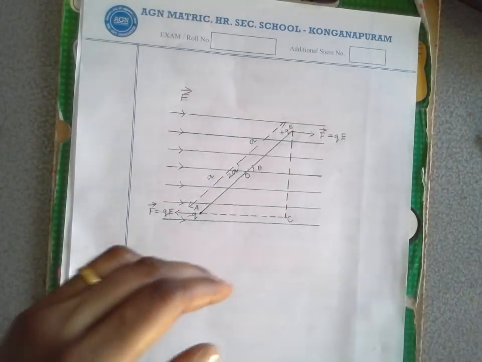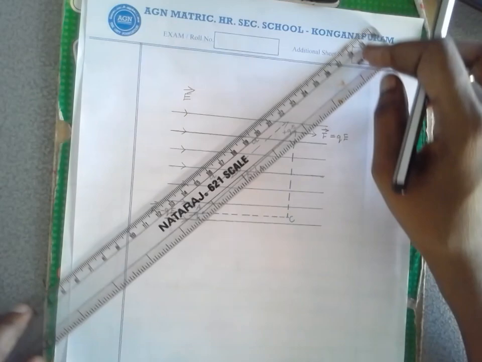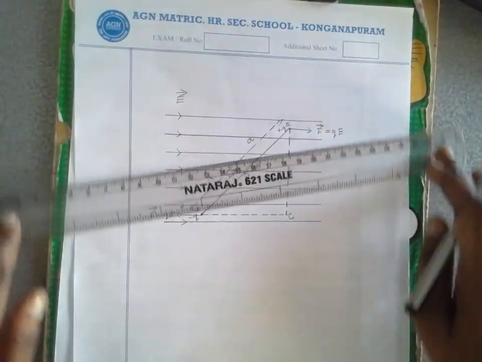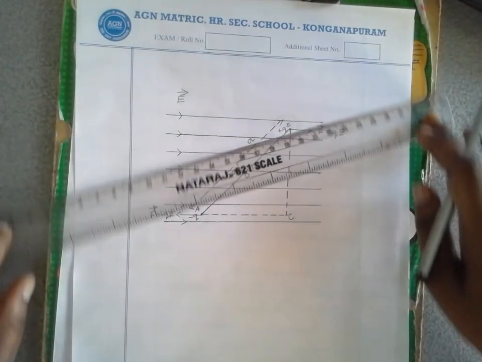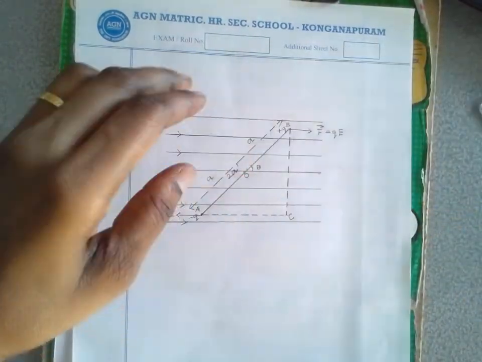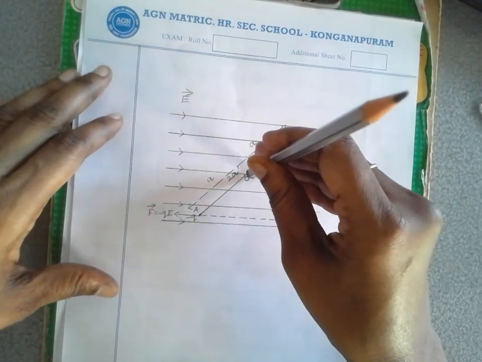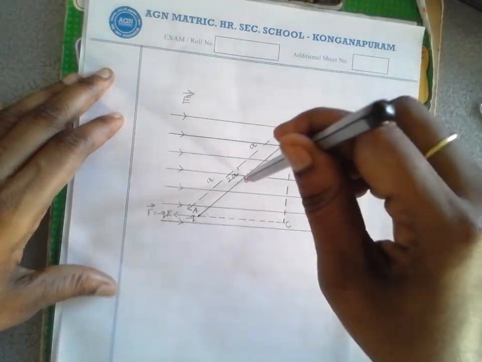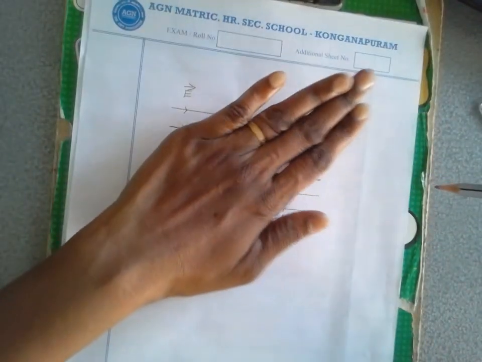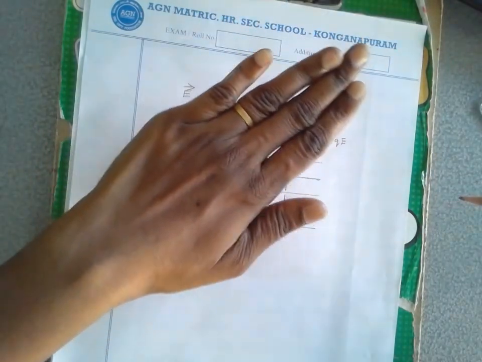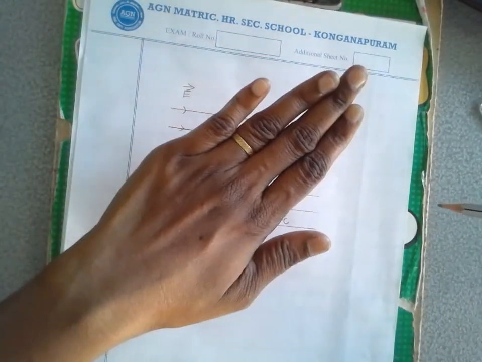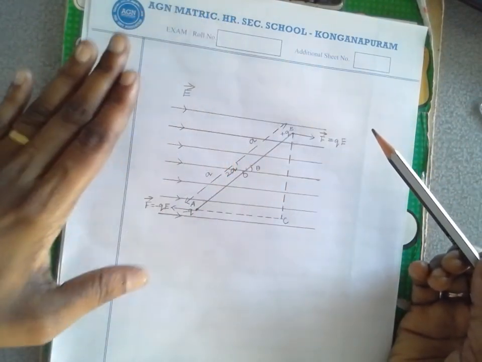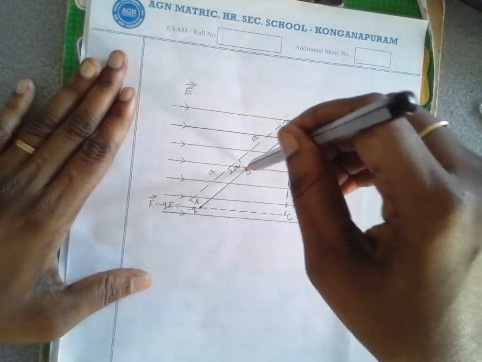The torque will try to rotate this dipole inside of the electric field. At the same time, the torque will be acting perpendicular to the direction of the paper. This is the plane of the paper. We kept this dipole in the uniform field in this plane surface, meaning the direction of torque will be like this.